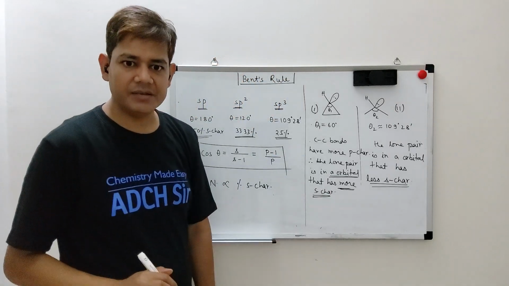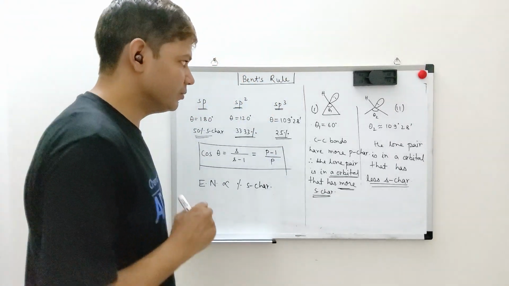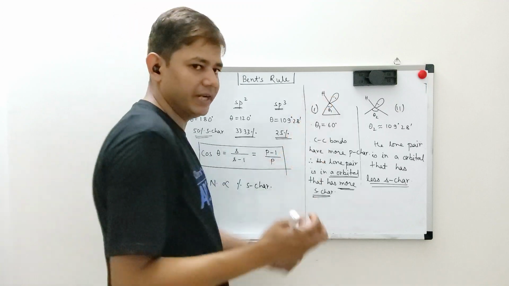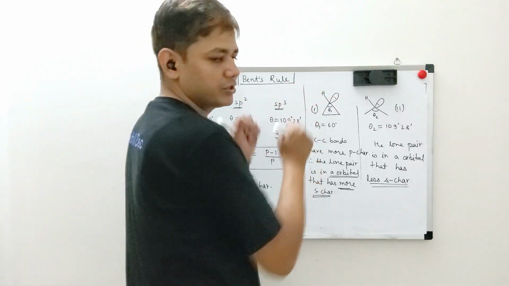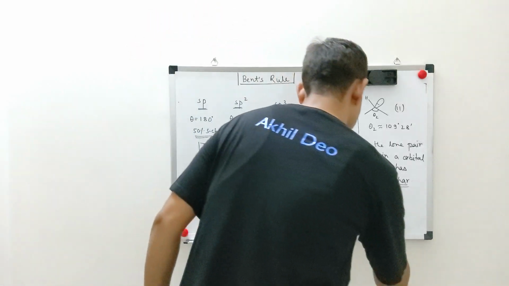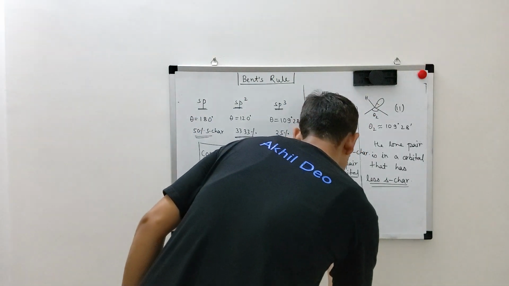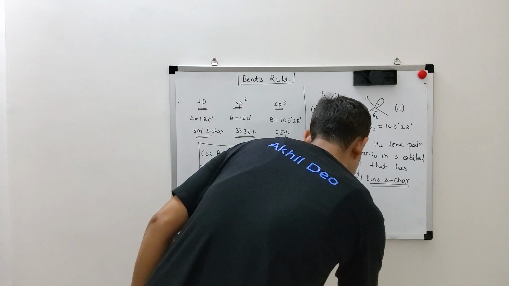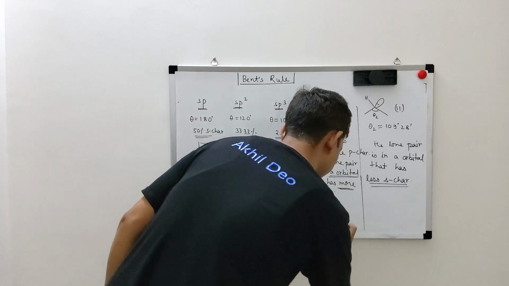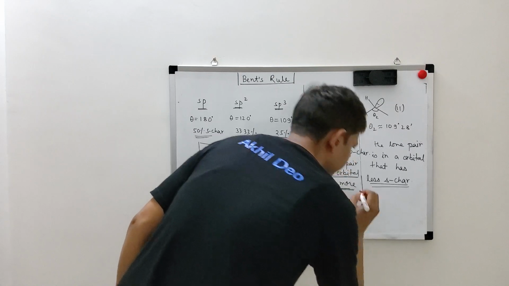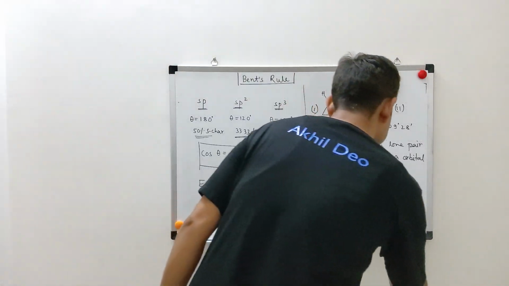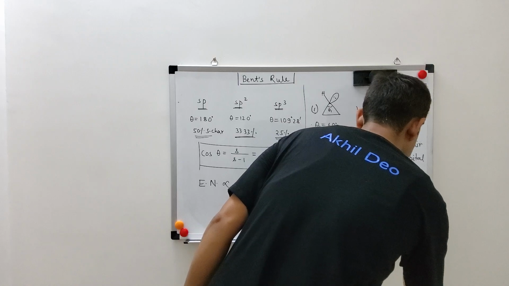More electronegativity, the lone pair will be held more strongly towards the more electronegative atom. Negative charge will be more stable on a more electronegative atom. So more s character results in more electronegativity, and less s character results in less electronegativity.